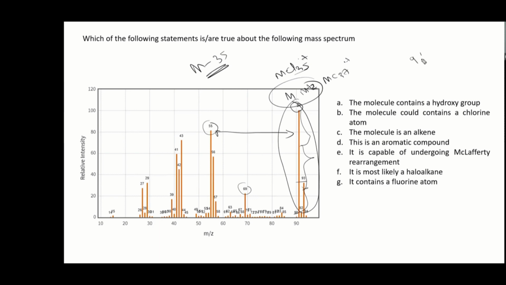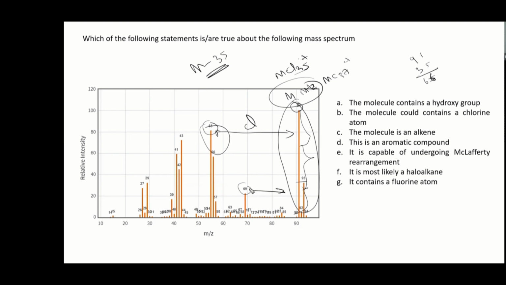So 91 minus 35 is going to be 56, and with one less, it's going to be 54. So it's approximately there. So this does correspond to a chlorine, as you can see.